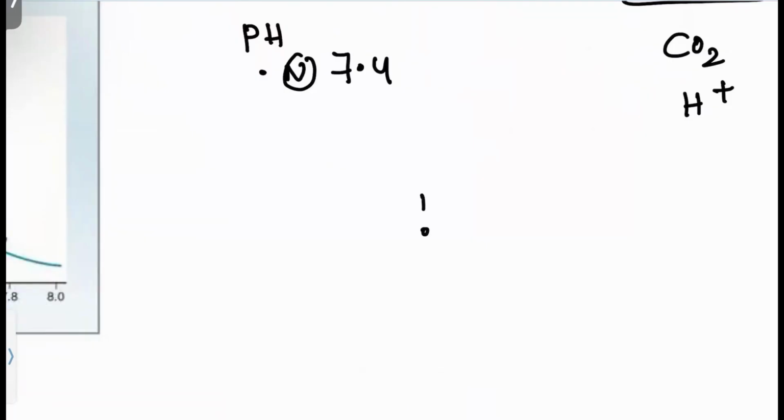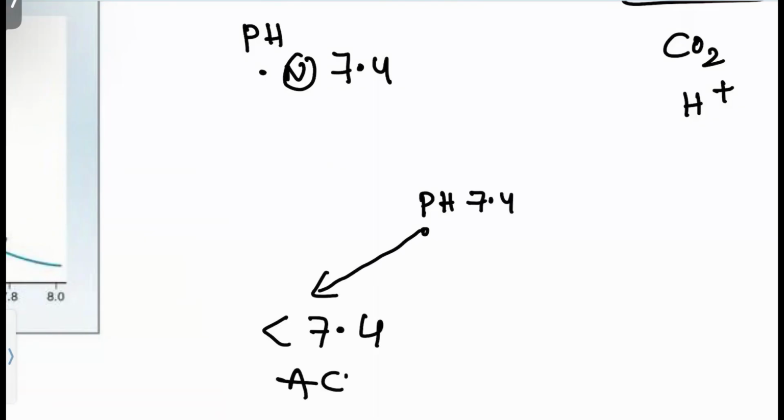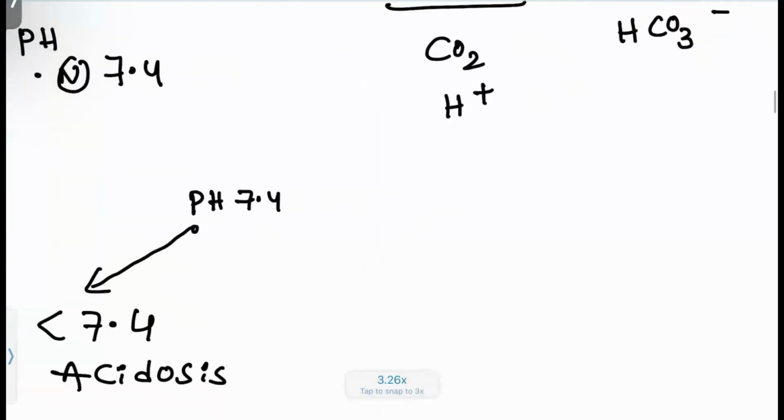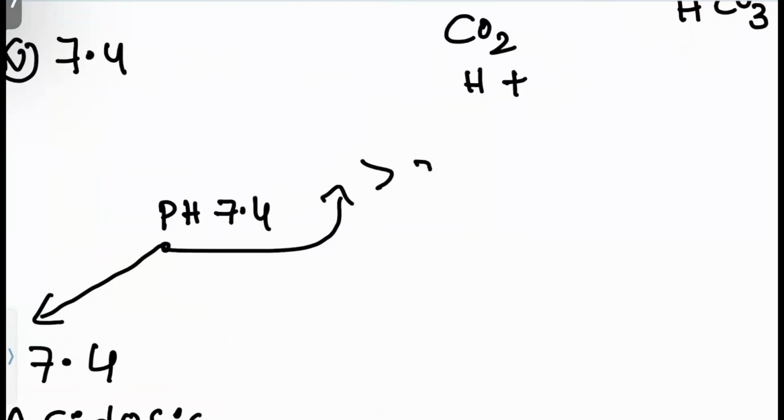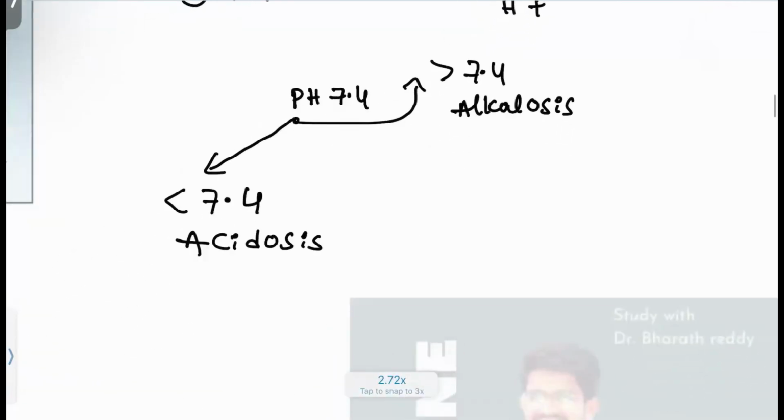Remember that your pH is 7.4, right? If it is less than 7.4, your body is in the acidic state, going into acidosis. But if the pH is more than that, then it is in the alkalosis state. This is how we check whether our body is in acidosis or alkalosis.